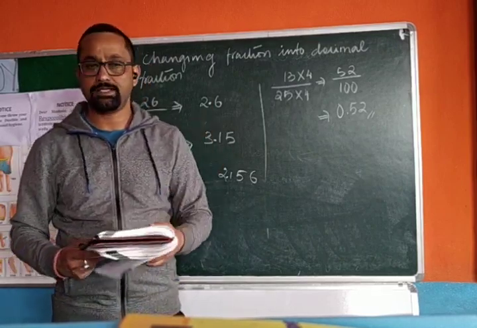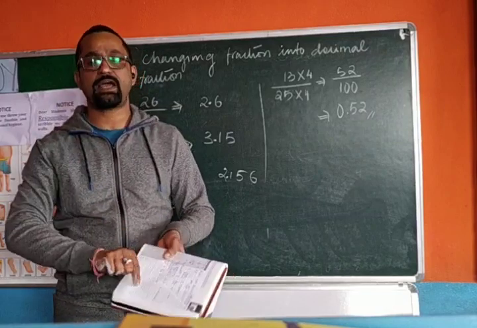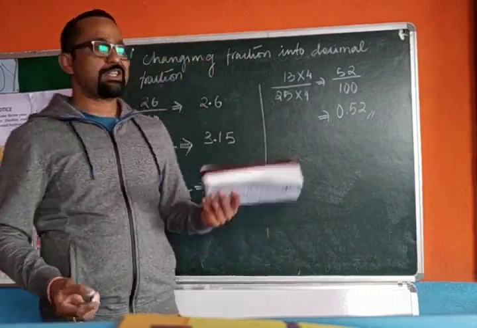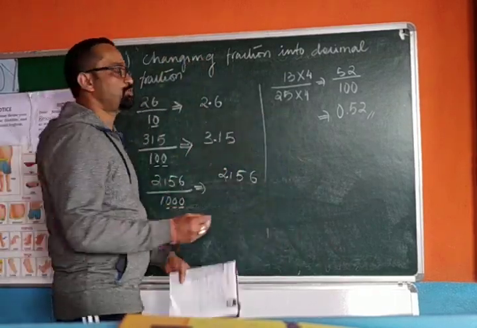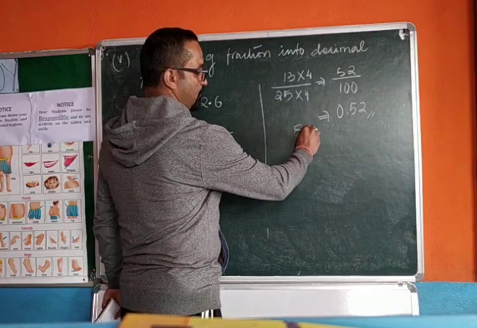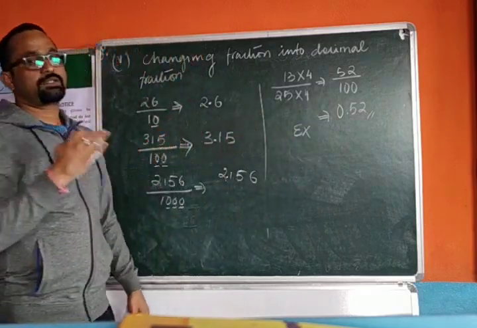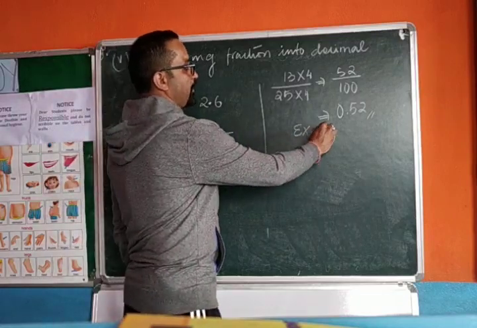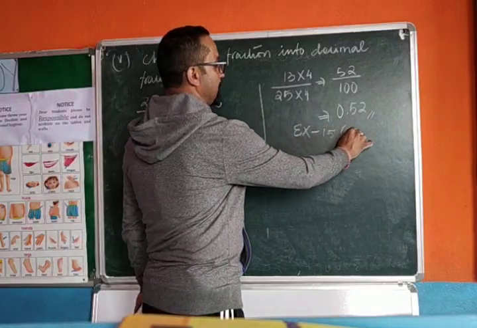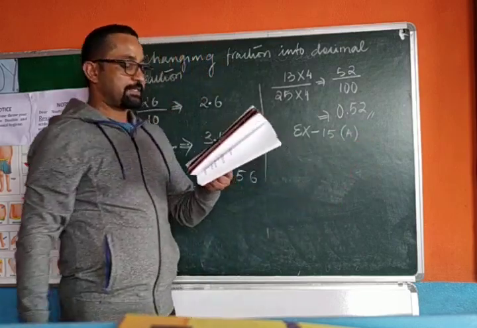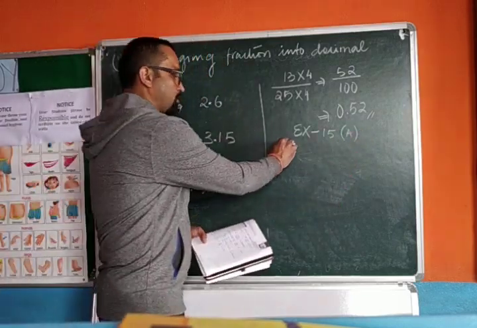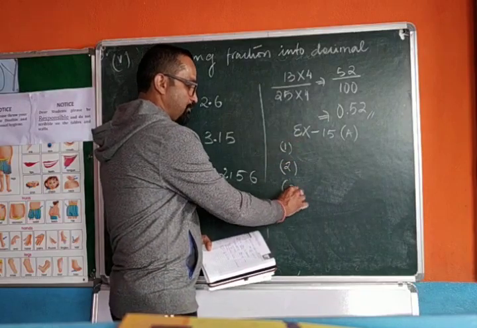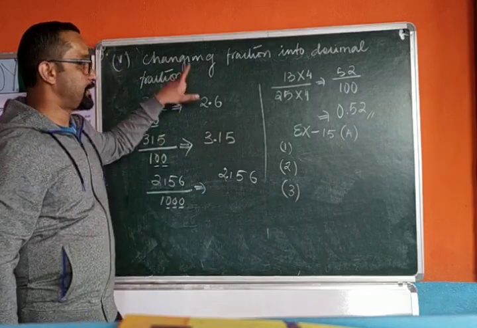Conversion of unlike decimal fractions into like decimal fractions. So these are very simple. You just need to have a look at the types. Then relating to these types, you can go to Exercise 15A and try solving question number 1, number 2 and number 3 based on the same types.